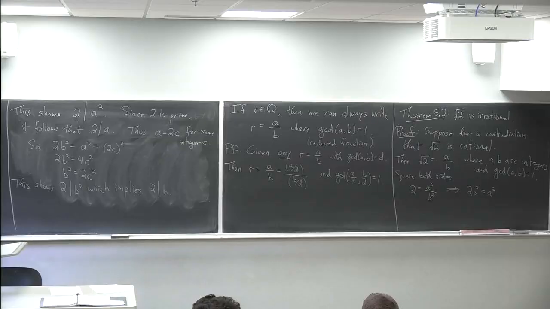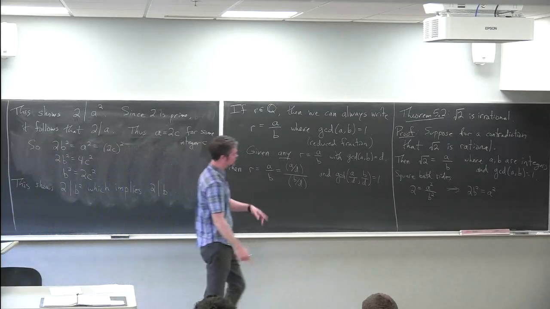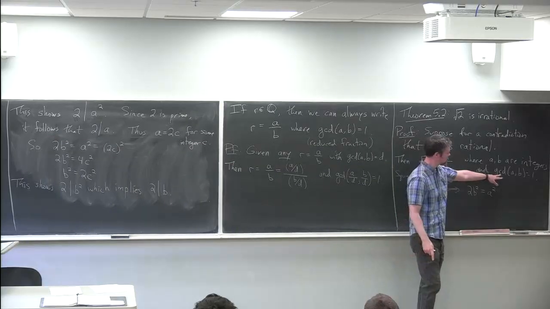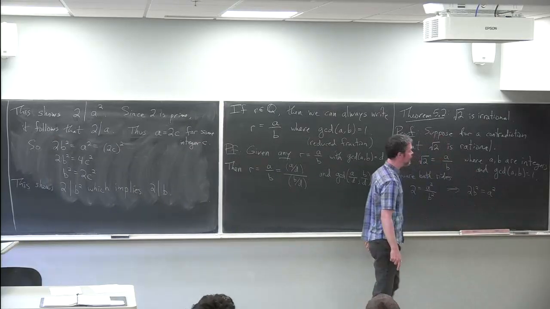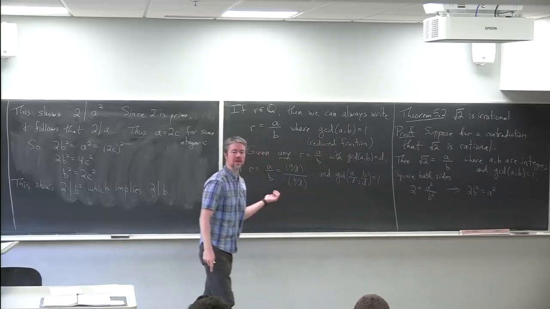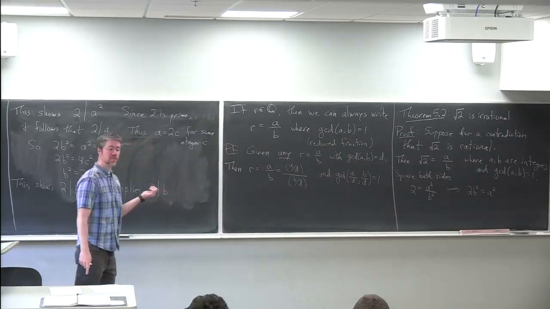Okay, now what's the problem, by the way? This is supposed to be practically the end of the proof. So you know what the problem is? Yeah, both A and B are even. Right, well, what's the problem with that? I guess it's not fully simplified. Right. So this is why this was important. We assumed they're relatively prime, so they cannot both be divisible by 2, because that contradicts the fact that they're relatively prime.